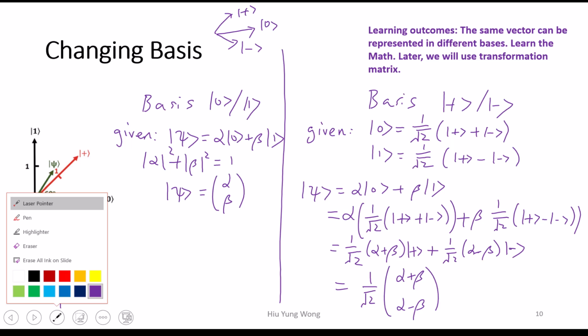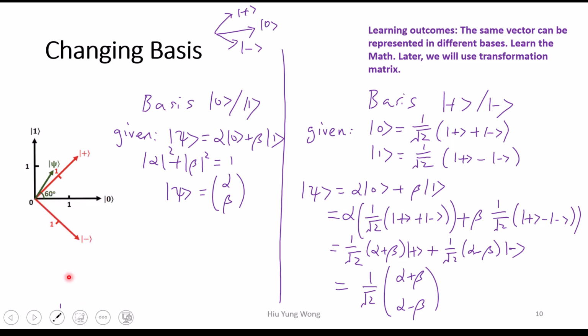But again, I asked you last time already. They are the same vector, but does it mean that alpha equals alpha plus beta, and beta equals alpha minus beta? These two are supposed to be the same physically. They all relate to this one, right? Can you tell me again why they are the same, but the coefficients look different? Because of the different basis.